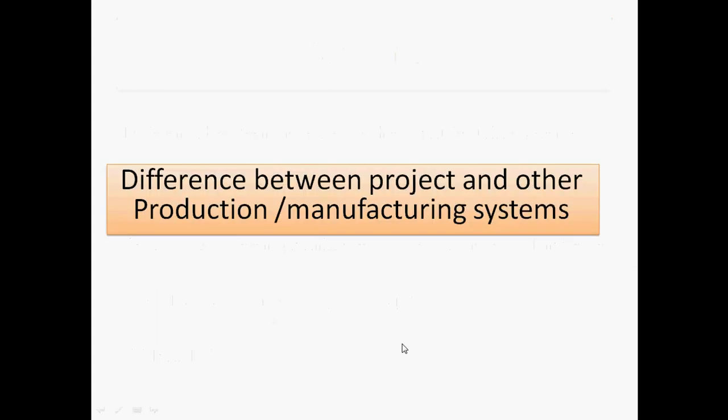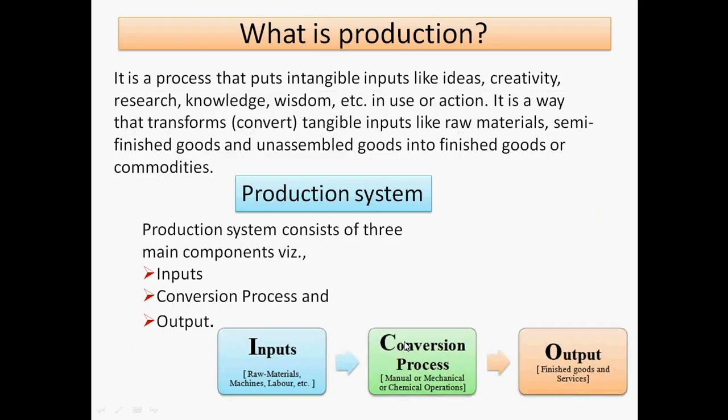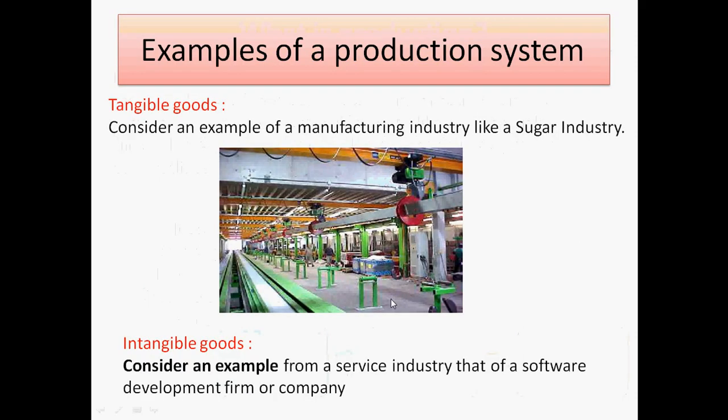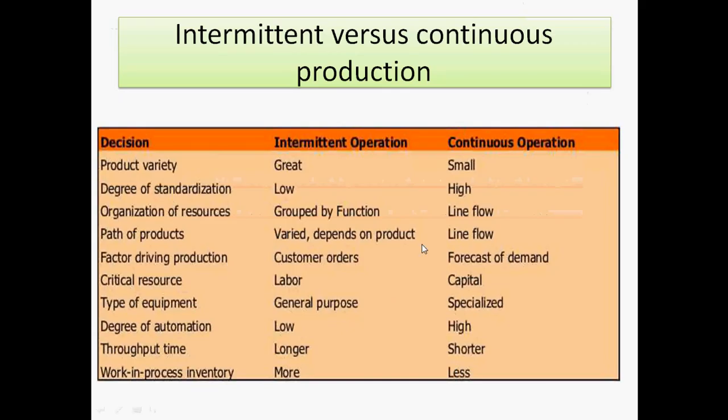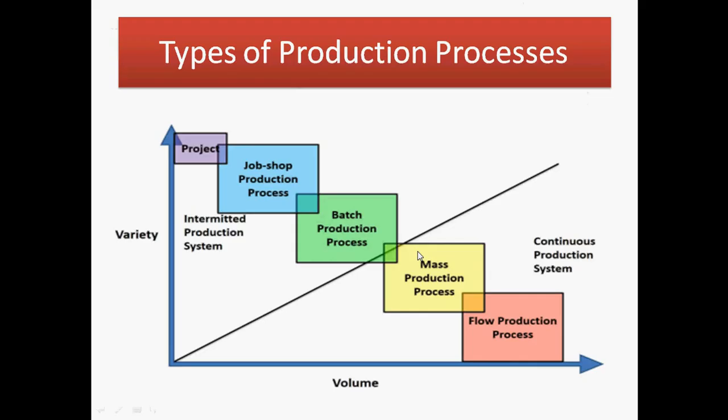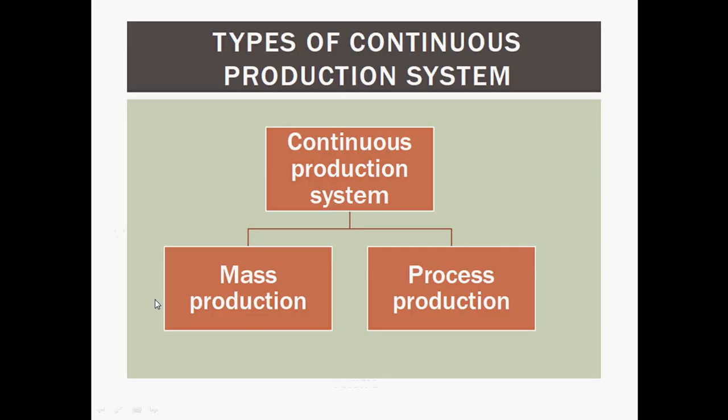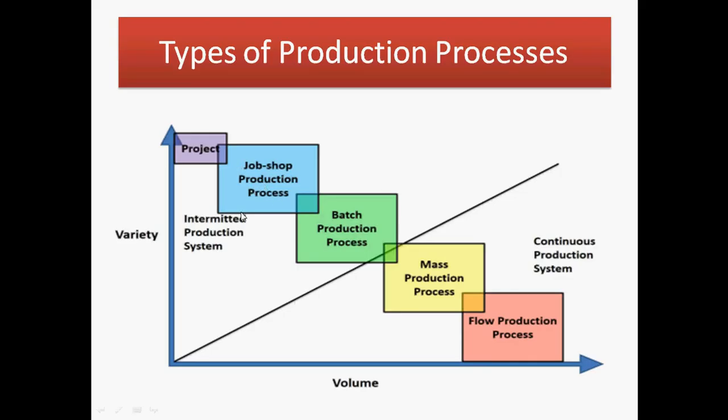If there are any queries, this was the theoretical part we discussed in today's lecture. What is meant by a production system, what are the types, how production systems vary, and what is the difference between variety and volume. Variety is on the upper side, where there is more variety. On the lower side, maximum volume is there but variety is minimum.